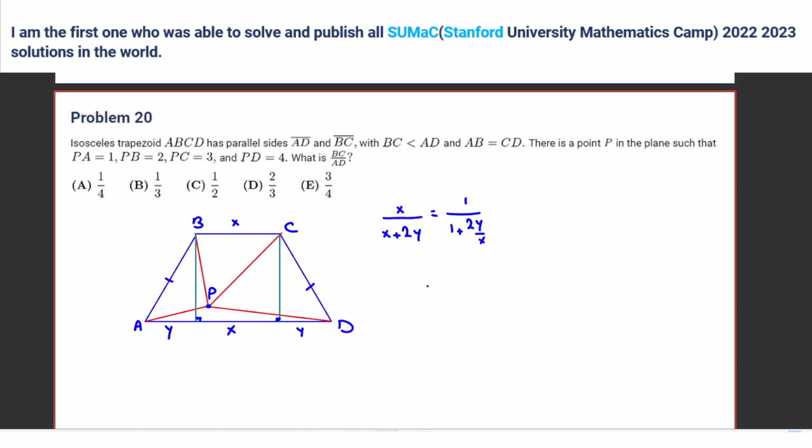Now, if we use the double Pythagorean theorem, let's draw something first. Let me draw this out. I want to use the double Pythagorean theorem. So let's call this one a, this one b, and this one a, this one b.